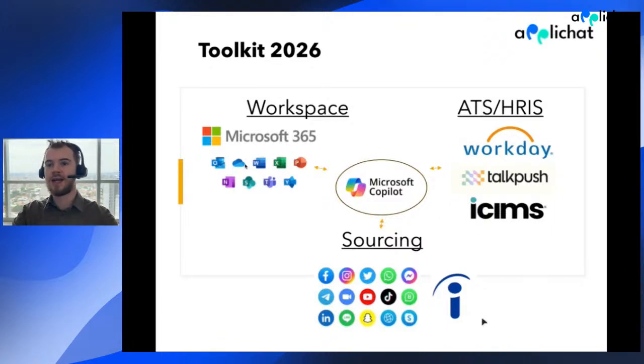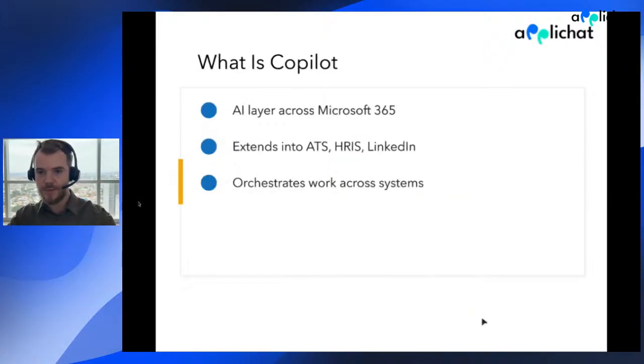So write an email to such and such, or find me candidates on Workday who were left uncommunicated with, who dropped off, who slipped through the cracks. Write them an email, send me the drafts, I'll send it out. So you can see some of the interesting use cases for this.